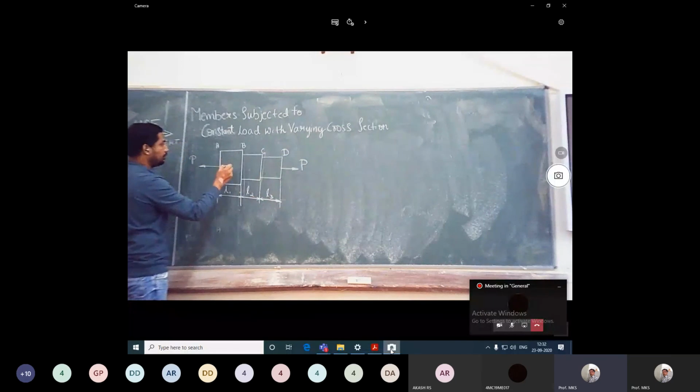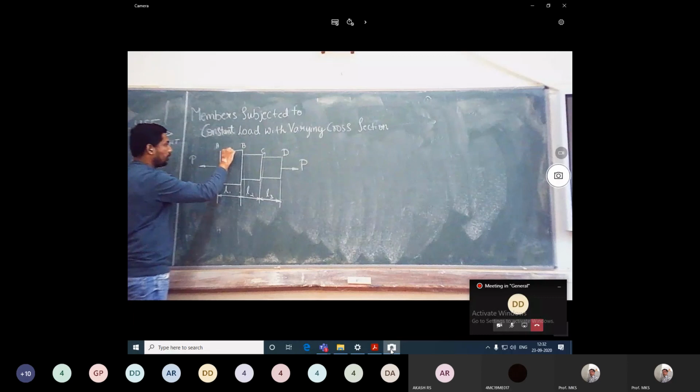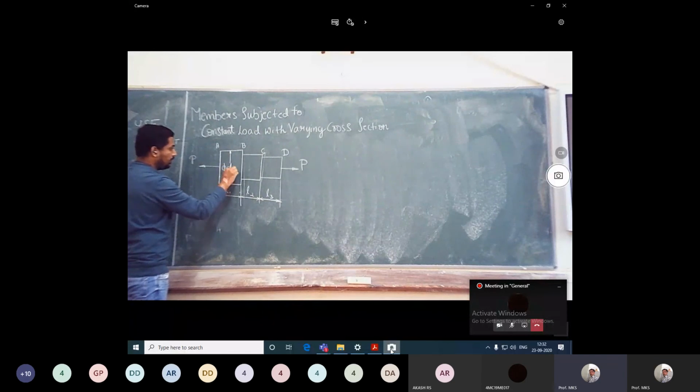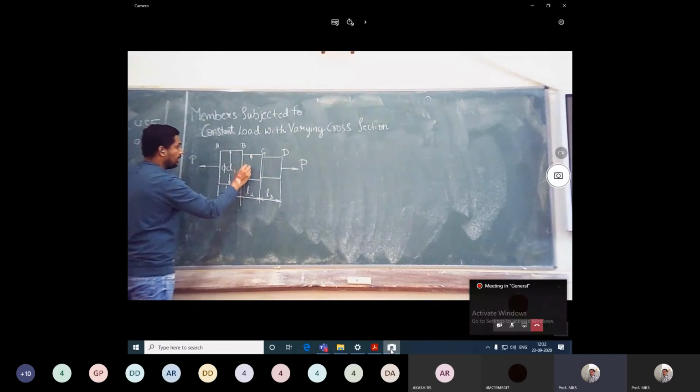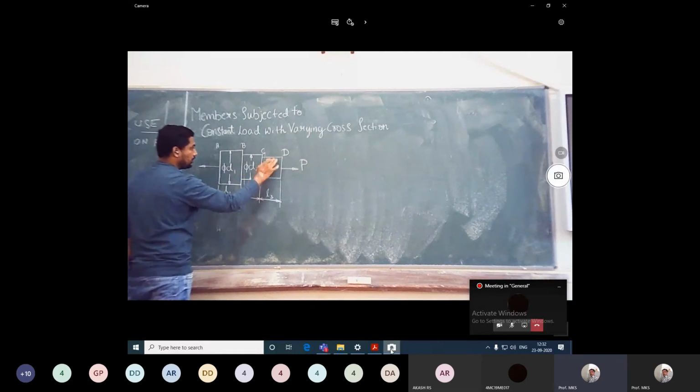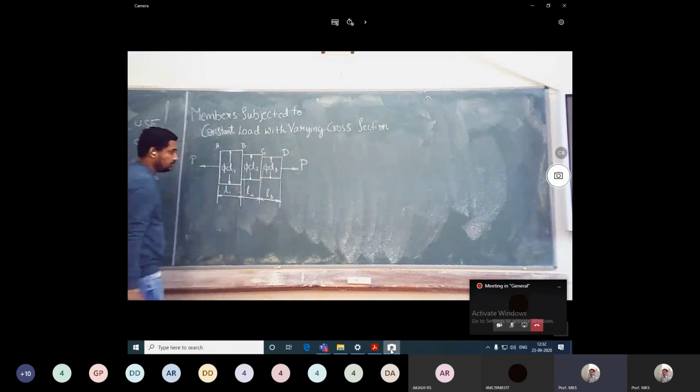And similarly, AB is of diameter phi D1, and BC bar is of diameter phi D2. Then CD is of diameter D3. Okay, this is the stepped bar.